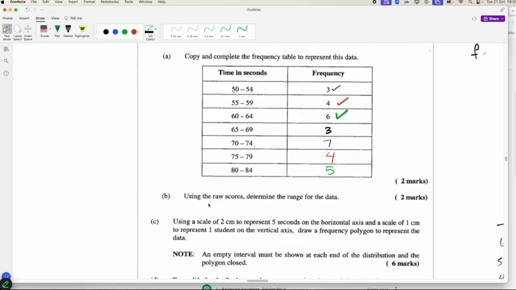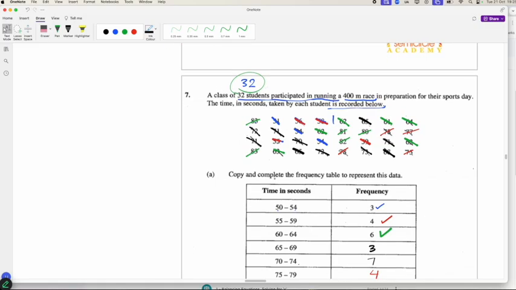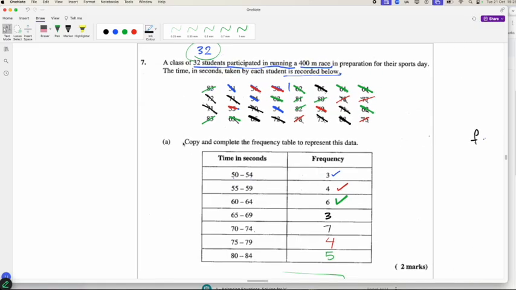Using the raw scores, determine the range for the data. Well, I would have just used this 49.5 and this 84.5 to calculate the range. But they said using the raw scores, right? So using the raw scores, what is the lowest score? 51.